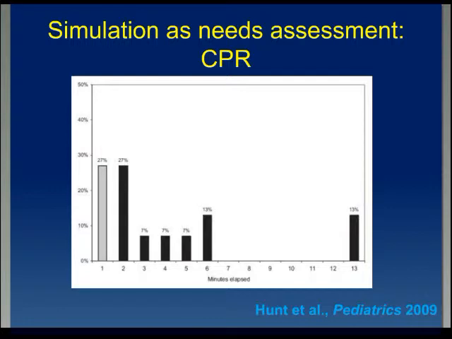This is just one figure from that article, showing the number of minutes elapsed from the onset of pulseless arrest to the initiation of chest compressions. And you see that it took up to 2 minutes for almost 2/3 of the participants. And then some of them took very long. There were some outliers at 13 minutes, but more than 5 minutes elapsing happened in a substantial subset of this learner group.